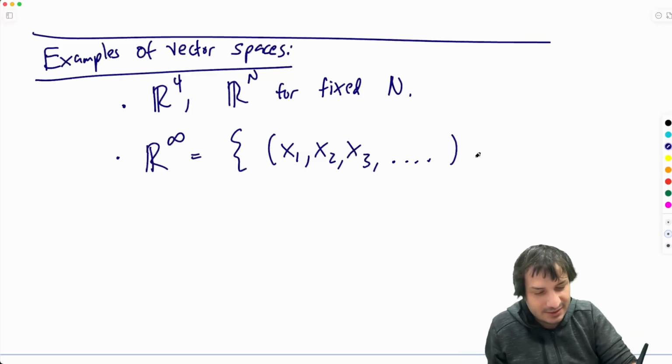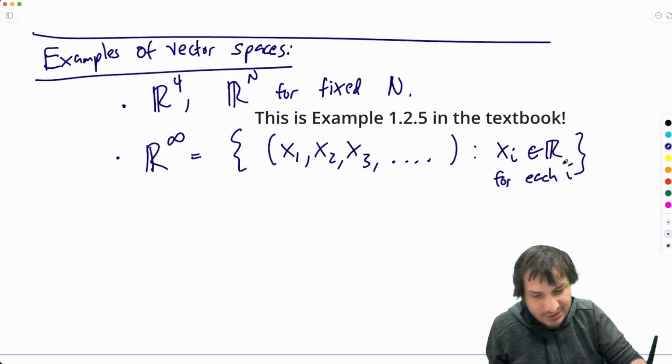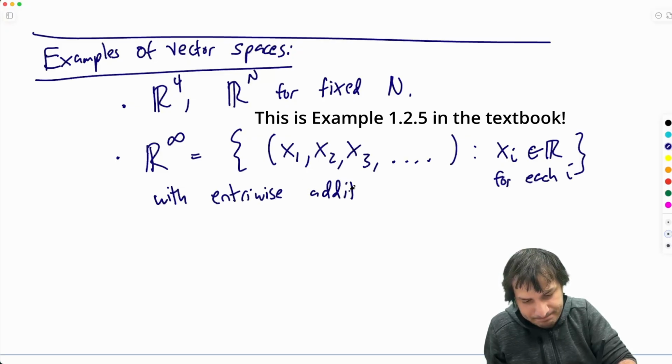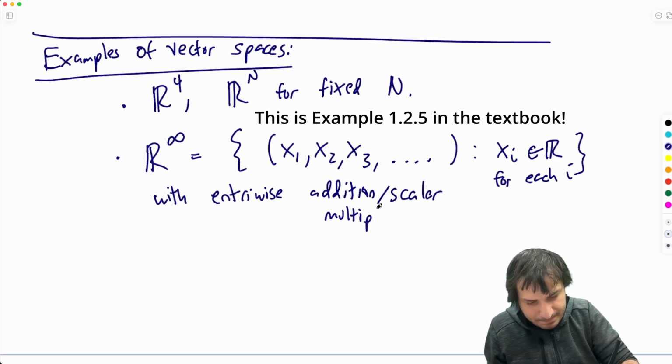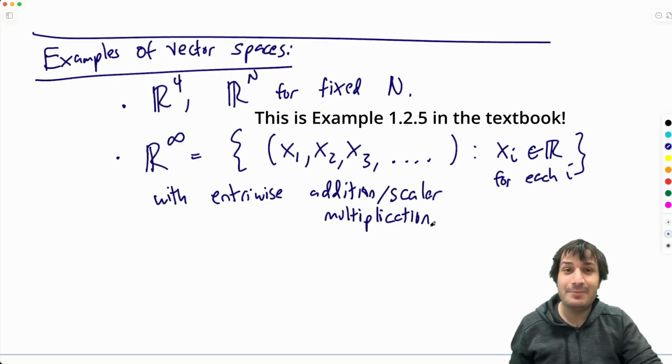So very technically speaking, xi is in R for each i, and then we define this with ordinary entry-wise addition and scalar multiplication. Okay, lovely. This still works.